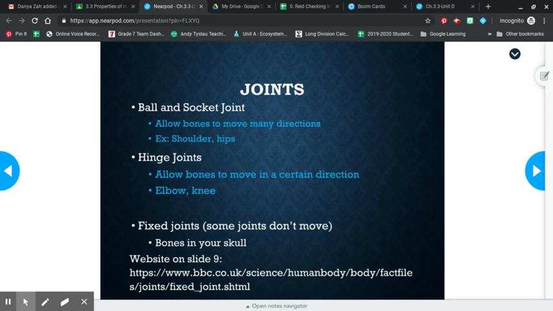For example, ball and socket joints you would find in your shoulders and in your hips. The elbows and the knees are like a hinge joint as well. And then there are pivot joints in your spinal column and gliding joints in your wrists. These all allow for movement. And the website on the next slide gives you a little example of how these move and how your body would move with it.